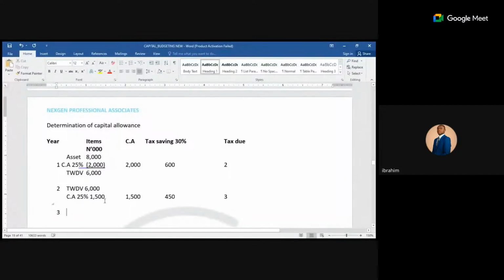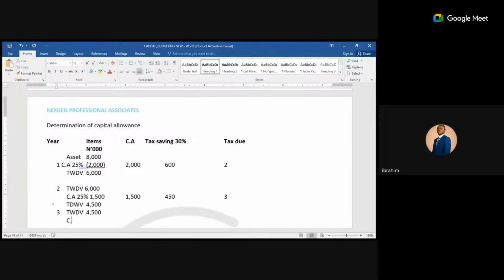So what is the tax written down value here? 4,500. Madam, you don't calculate the answer before, because I don't understand the tax written down value. Tax written down value brought forward 4,500.